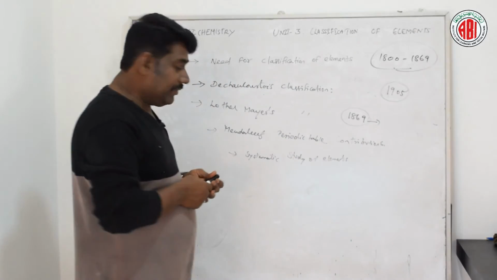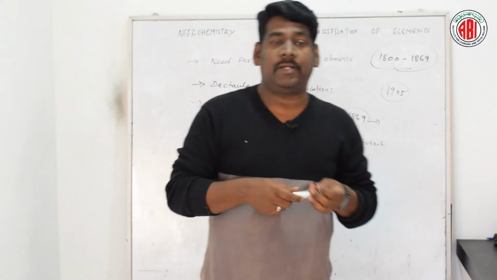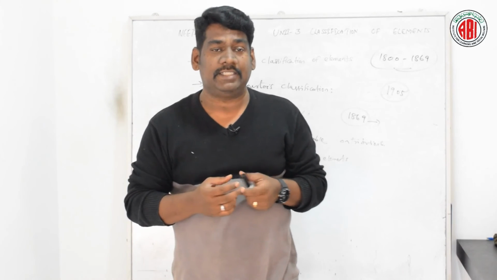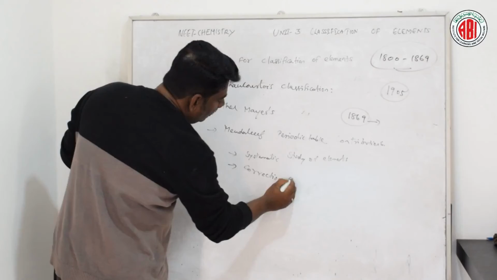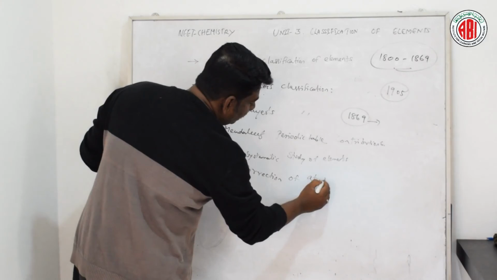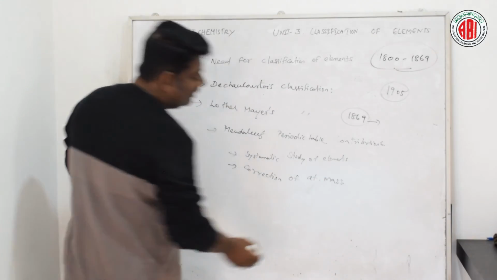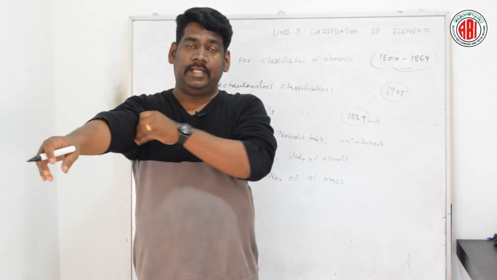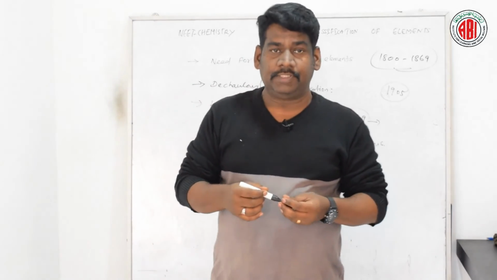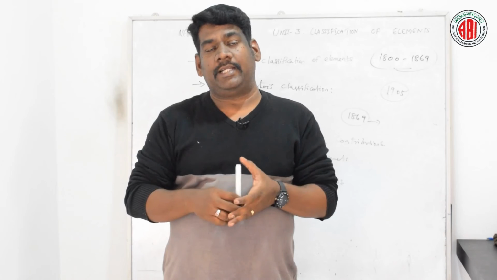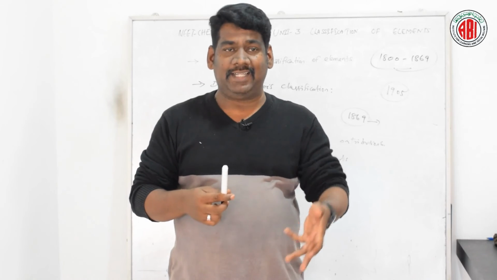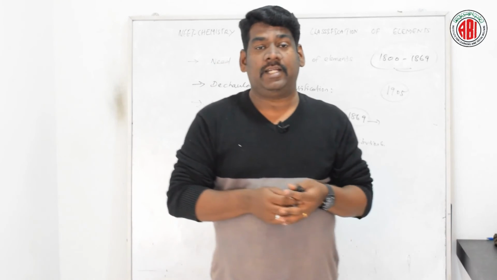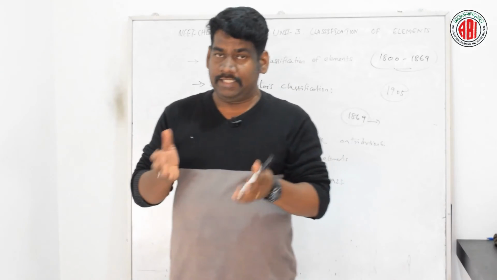Now the next contribution of the Mendeleev periodic table is correction of atomic masses, or atomic weights. According to Mendeleev, the table helped in correcting the atomic mass of some elements based on their positions in the periodic table.